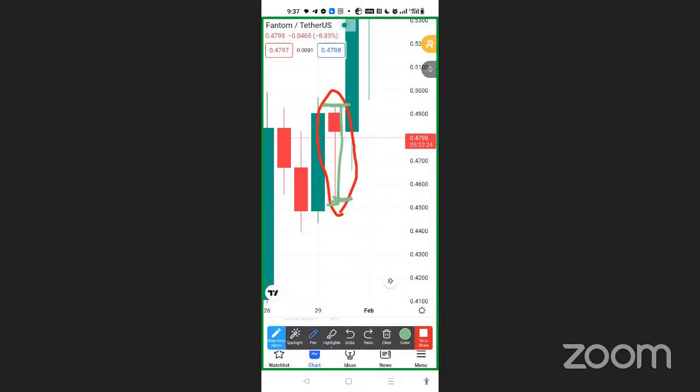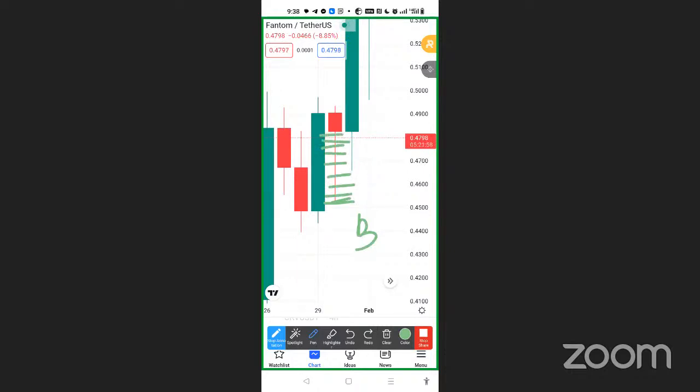It means all this was a red candle, from where it started before forming the wick up to where it ended down here. Meaning, when it reached here, the buyers saw an opportunity to buy. So they bought, and they kept buying.